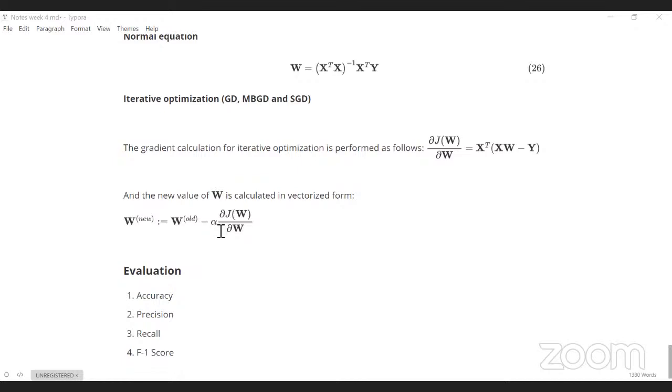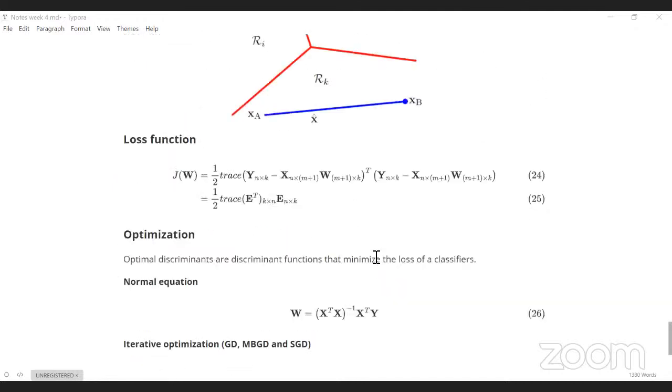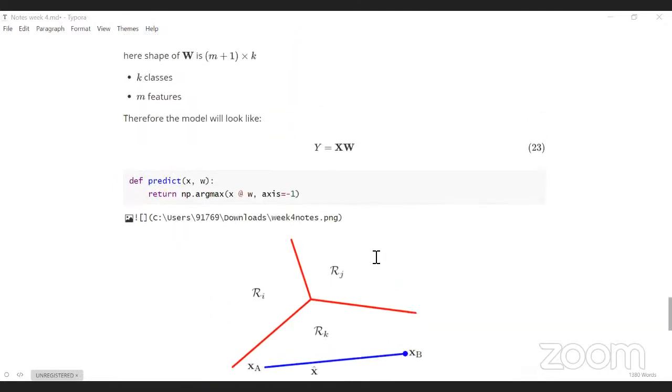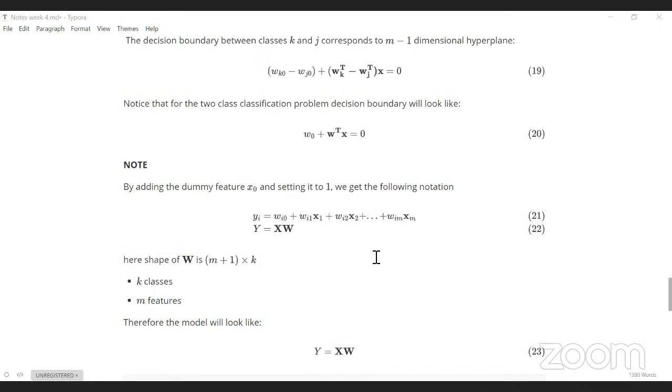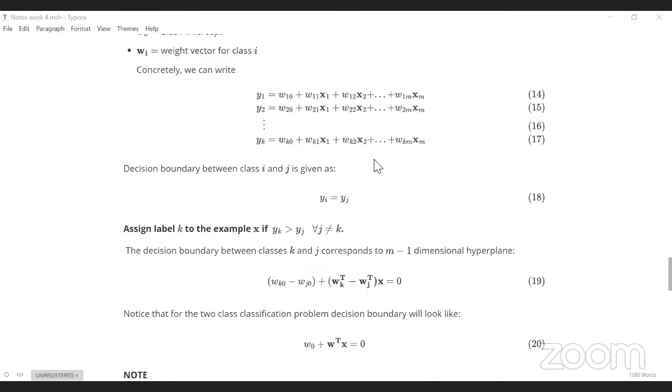It is just the geometric mean of, not the geometric, the harmonic mean of precision and recall. So any of these you can use for the evaluation part. Any problem in this model, the discriminative classification problem?